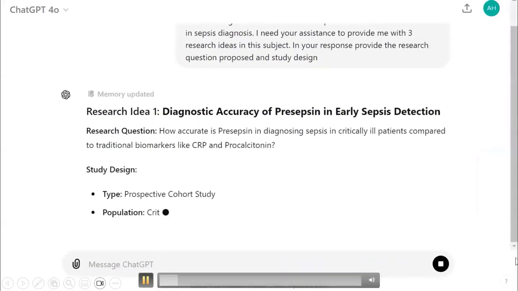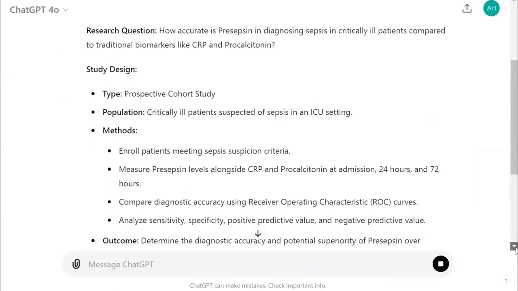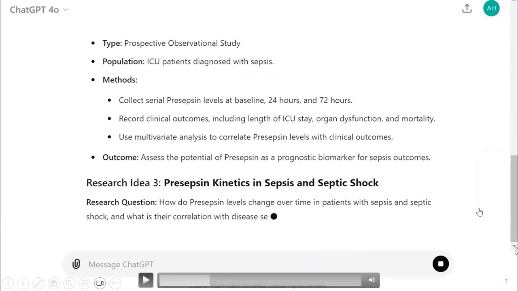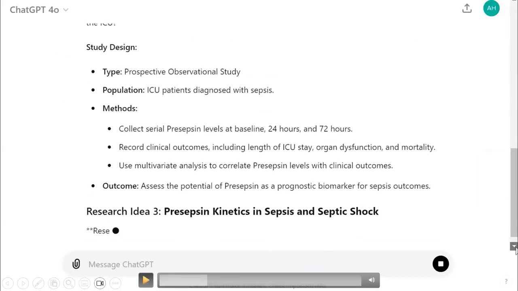It tells me that research idea number one is the diagnostic accuracy of presepsin in early sepsis diagnosis, and it posted the research question and suggested a prospective cohort study design. Research idea number two is presepsin as a prognostic tool for outcomes like mortality, and it suggests the study design and some methodology.